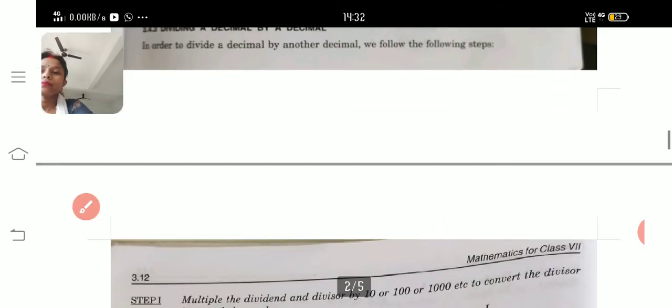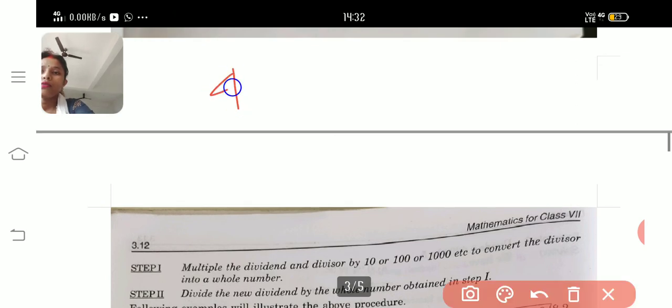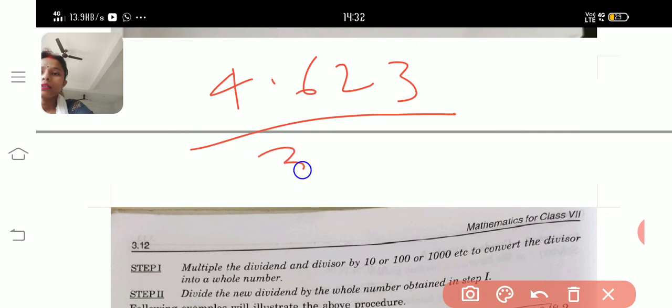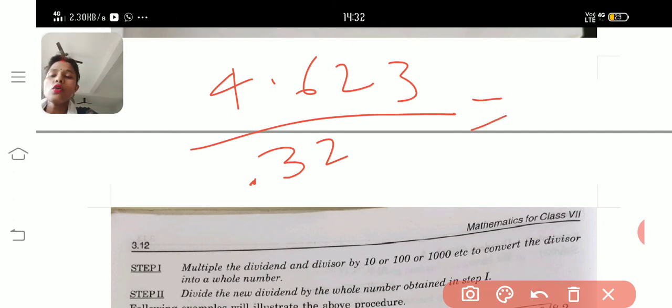Now the next one: 4.623 upon 0.32. First we have to remove the decimal from the denominator. So we shift the decimal two places, it should come here.